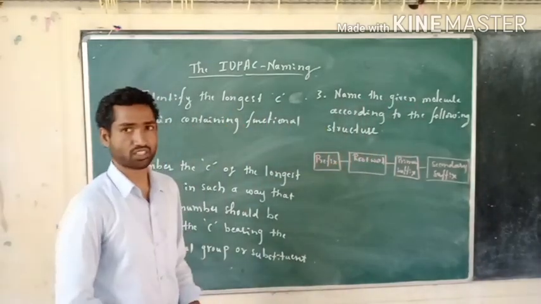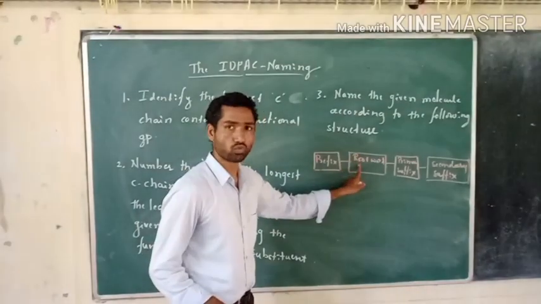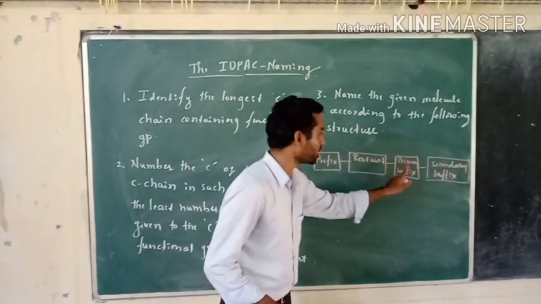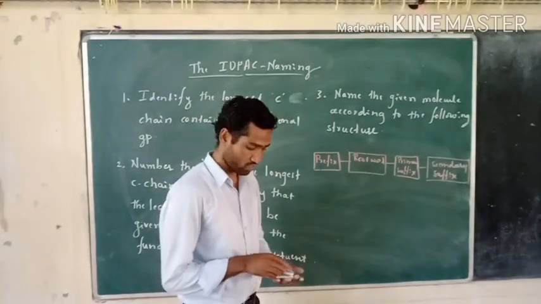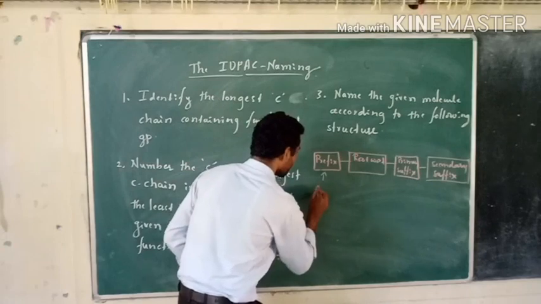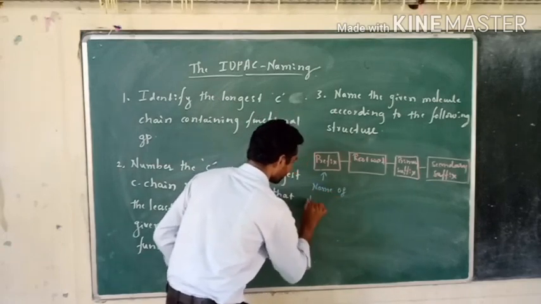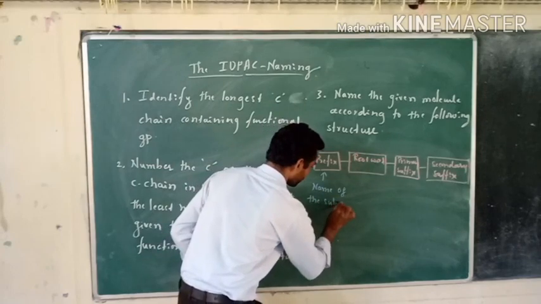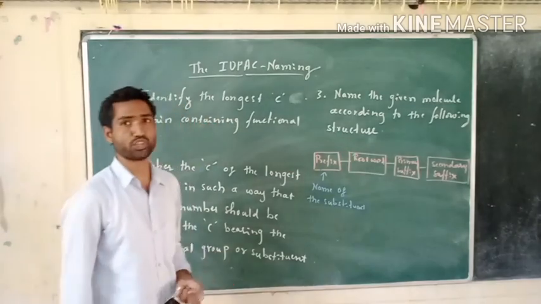So this is the structure: first the prefix, then the root word, then the primary suffix and the secondary suffix. What does this prefix indicate? The prefix is nothing but the name of the substituent.